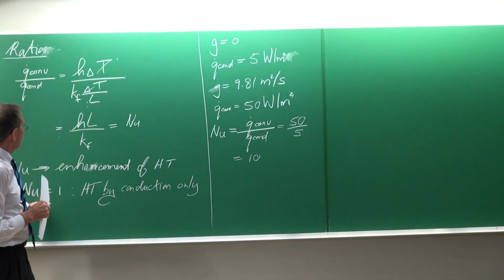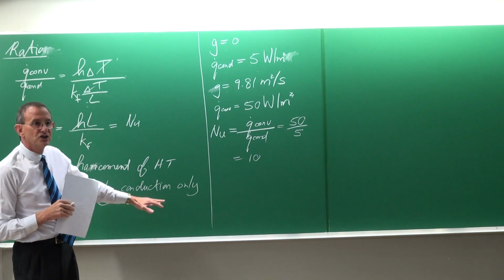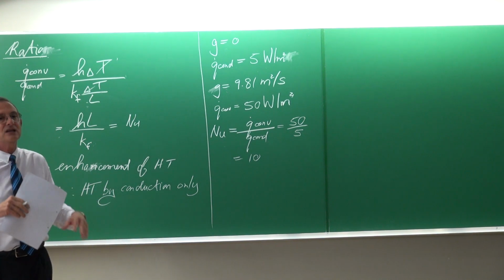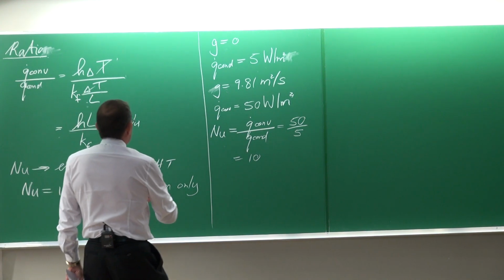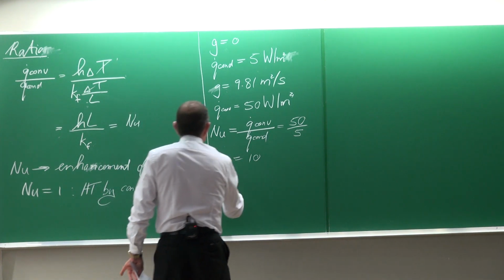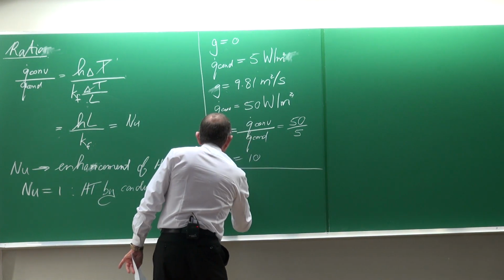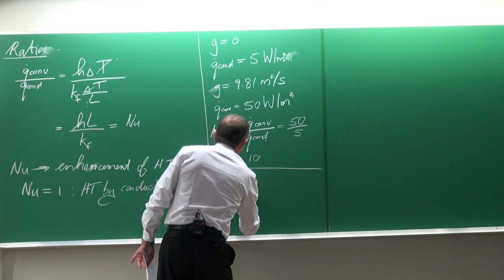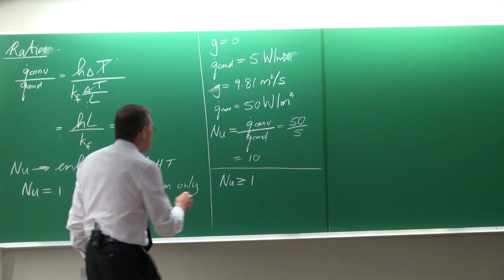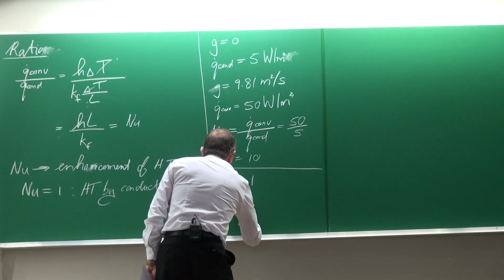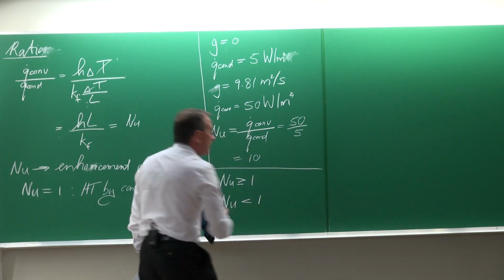If the heat transfer is by conduction only, then there cannot be any enhancement. So the Nusselt number will always be larger or equal to 1. But the Nusselt number can never be smaller than 1.